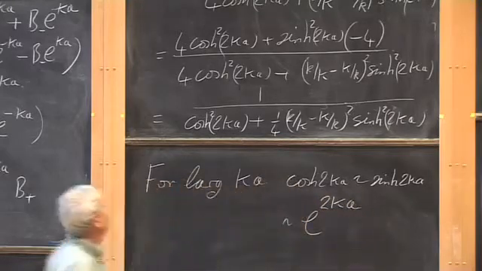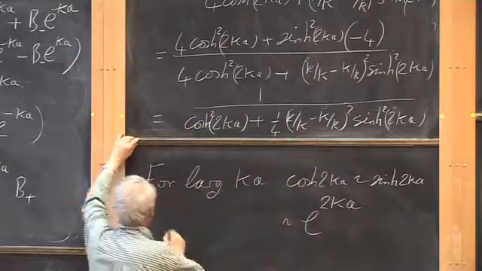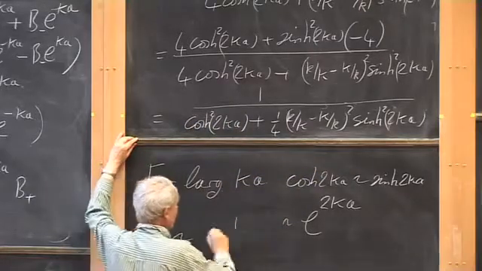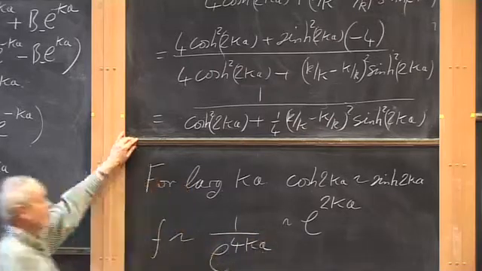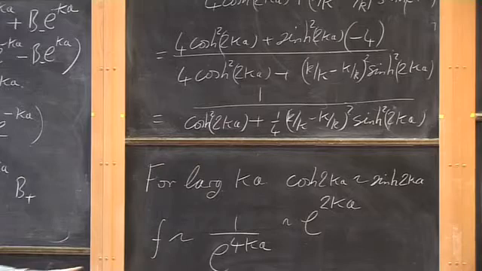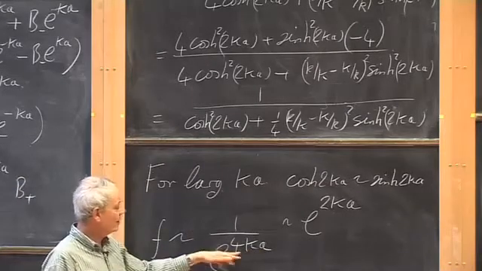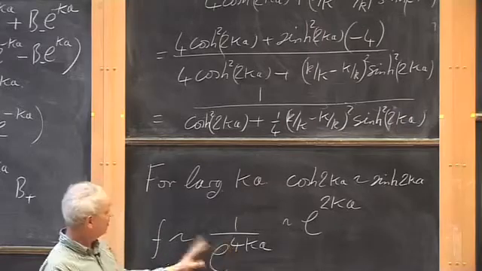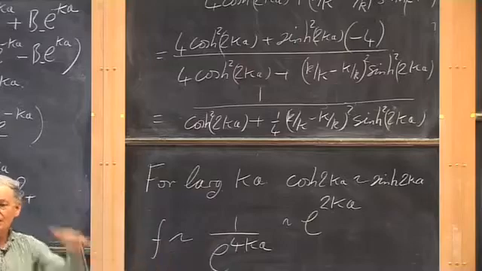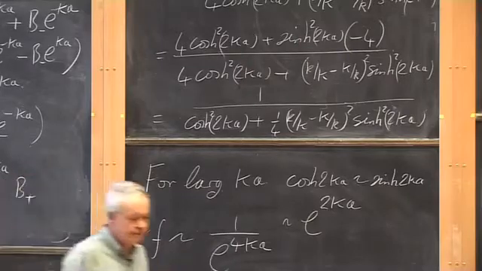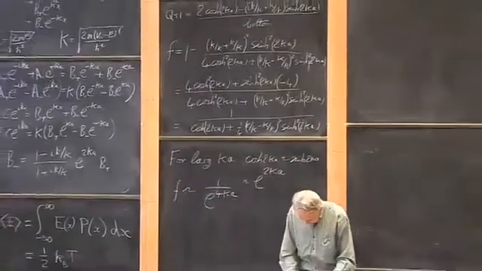But we're interested in cosh squared and sinh squared, so the fraction is looking like 1 over e to the 4Ka. So if Ka is an appreciable number, this probability of penetration is becoming small. The crucial result is that the probability of getting through is decreasing exponentially fast in the height of the barrier. So you don't need a very high barrier to make this quite a small effect.